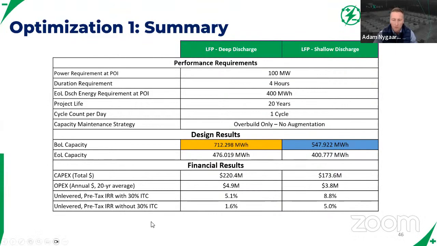We did that because I think we do have quite a few international folks on the call, so you may not care about our 30% ITC here in the US. But these are unlevered pre-tax IRRs, and want to point that out as well. So quite an impact of over 300 basis points in your investment returns for assuming that.